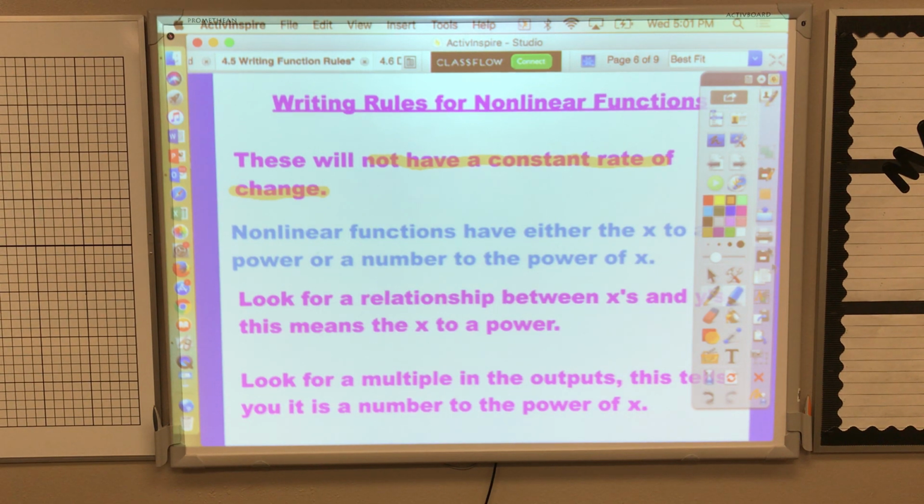So you have two choices. Okay, x to a power, so x with a number up here. Or a number to the power of x. Okay, two options. And these are still going to be rules, so it's still going to be your output equals.